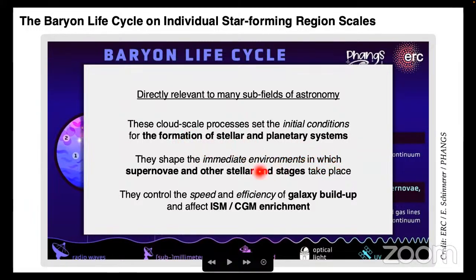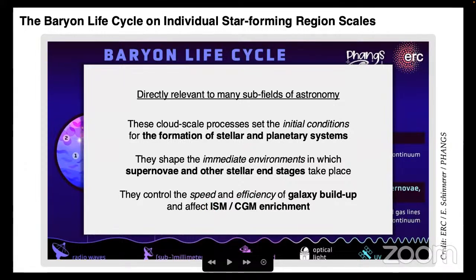On intermediate scales, they tell you where, for example, supernovae explode in the galaxy, and this has implications for, for example, the feedback yield that we heard about in the first talk in this session. On larger scales, they control the speed and efficiency of galaxy buildup and also affect the enrichment of the ISM and CGM. So this is the whole range of spatial scales that this is relevant to.